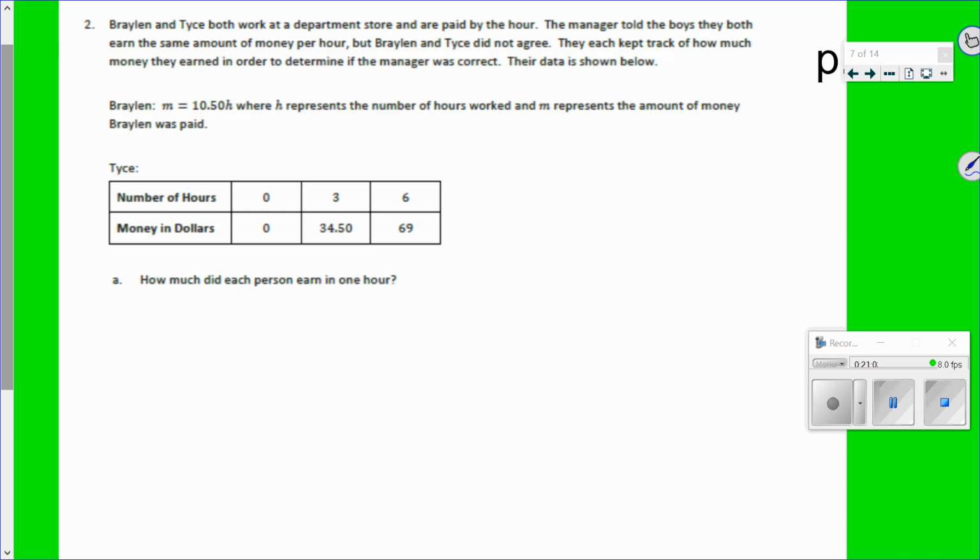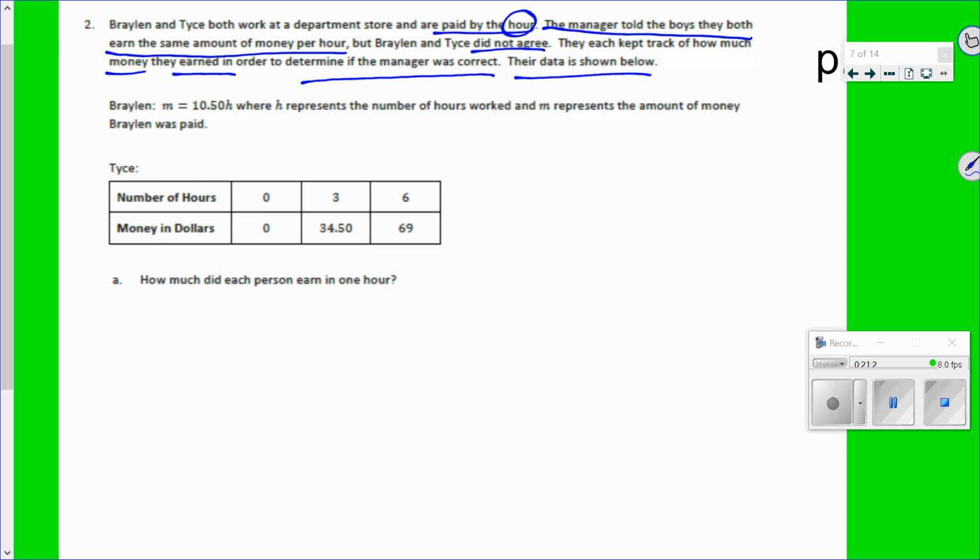Okay. They both work at a department store and are paid by the hour. The manager told the boys that they both earned the same amount of money per hour, but Braylon and Tice did not agree. They each kept track of how much money they earned in order to determine if the manager was correct. Their data is shown below. So here you go, Braylon.